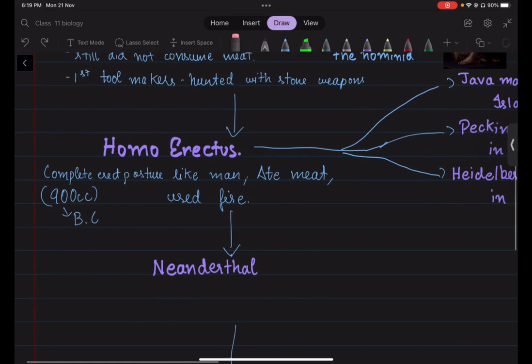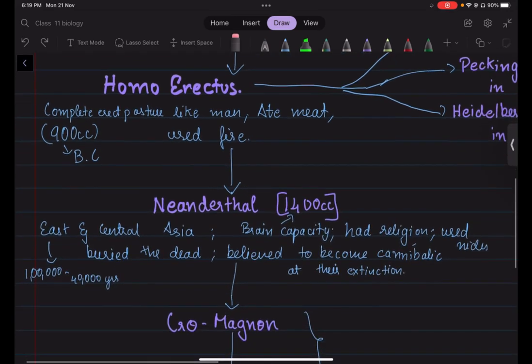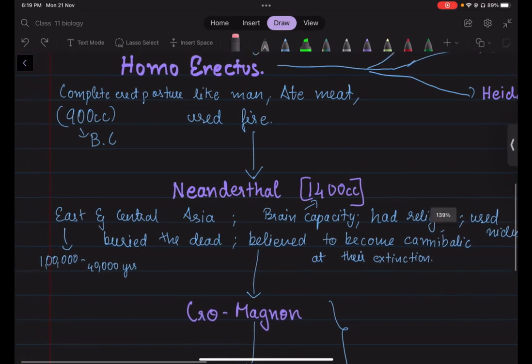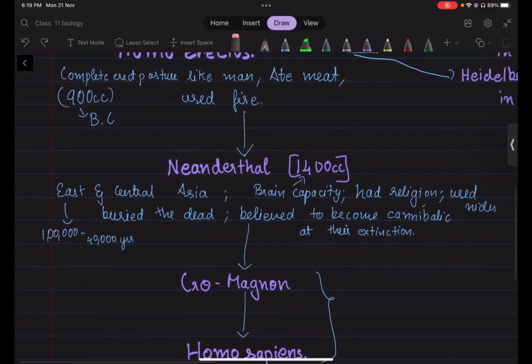After Homo erectus, the most known ancestor of humans, the Neanderthal, very famous. They had 1400 cc of brain capacity, and they occupied the entire East and Central Asia.